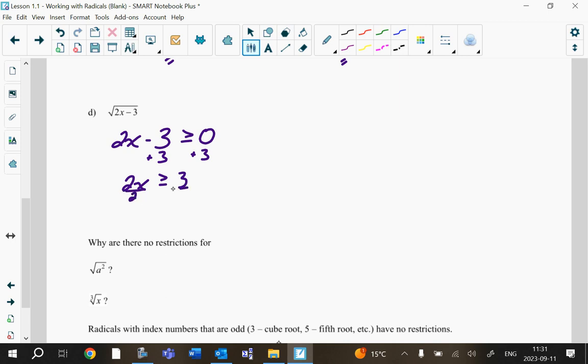Then we're going to divide both sides by 2. And x must be greater than or equal to the fraction 3 over 2. So this time we get a fraction. But that's how you find restrictions. Make it greater than or equal to 0. Solve. And you get your answer. That's it.